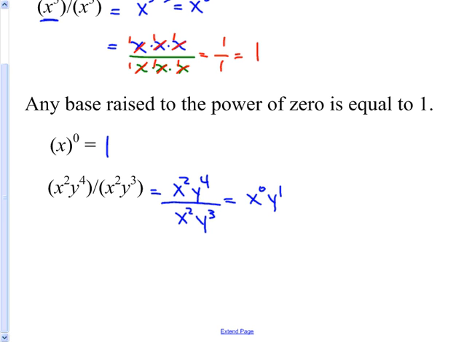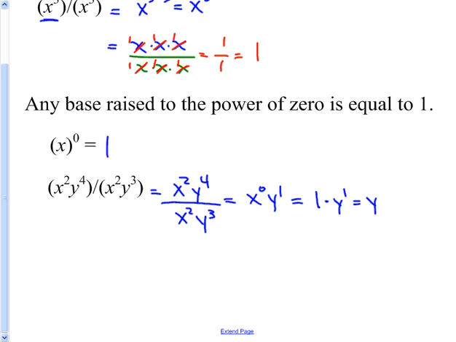Well, what does x to the 0 mean? It really means 1 times y to the 1, or just y to the 1, which makes sense because if I was going to expand those a long way, I would have 4 y's on the top and 3 on the bottom. 3 on the bottom would cancel with 3 on the top, leaving me with just 1 y. The x's would cancel out completely, leaving me with just a y. So anytime you have something to the 0 power, that's equal to just the number 1.